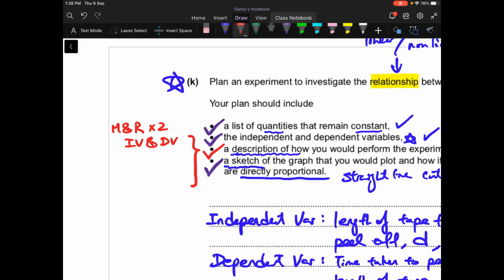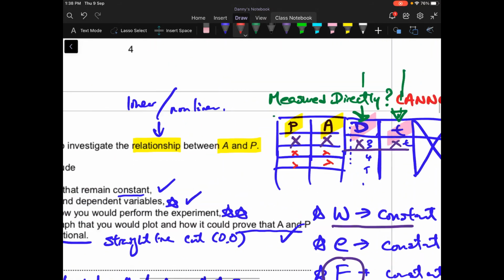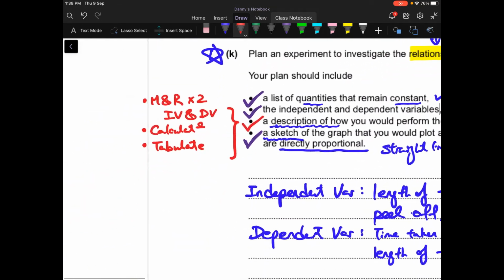Then I have to have a calculation statement if it involves some form of process value. Then after that, I have to have a tabulate step that will enable me to produce a table like this one.